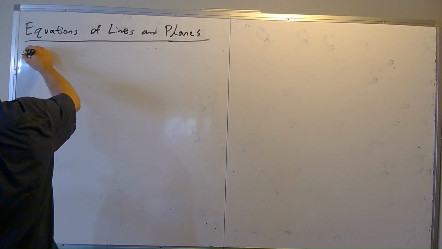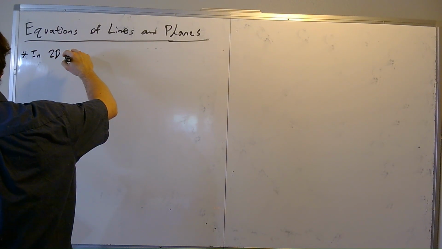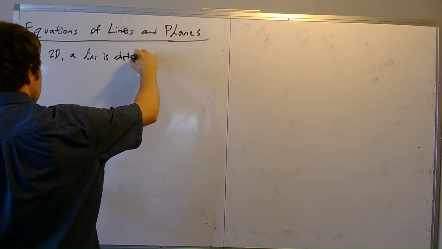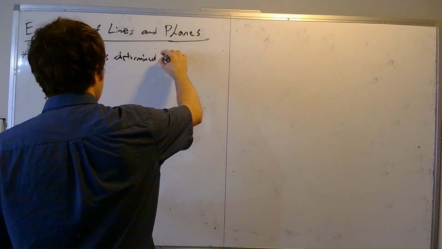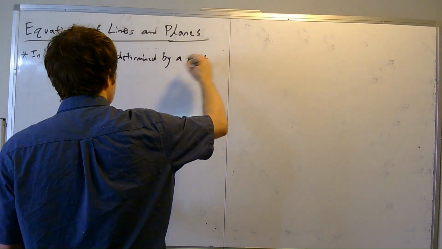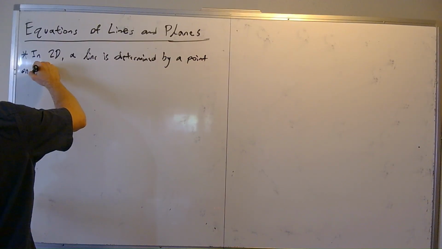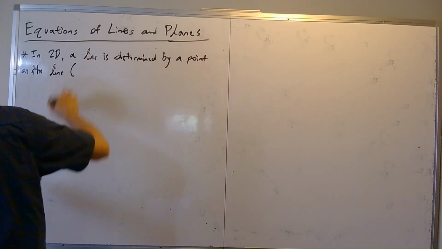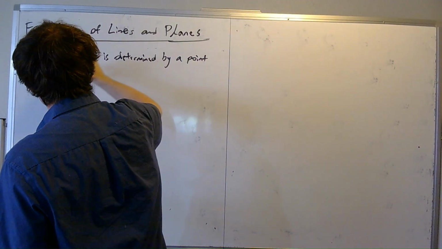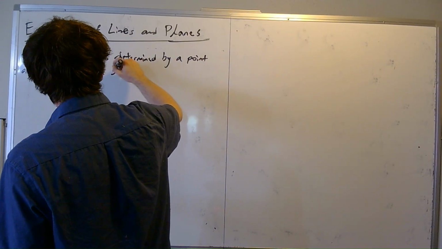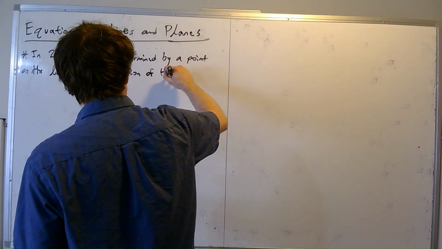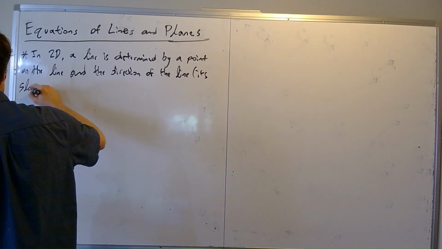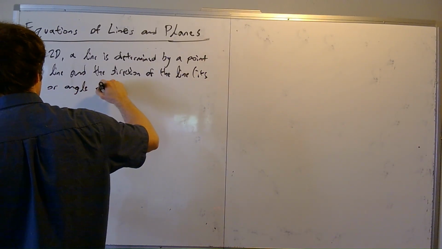So first, let's say in 2D, 2 dimensions, a line is determined by a point on the line and, sorry, but not to say here, by a point on the line and the direction of the line, which we can say is its slope or angle of inclination.